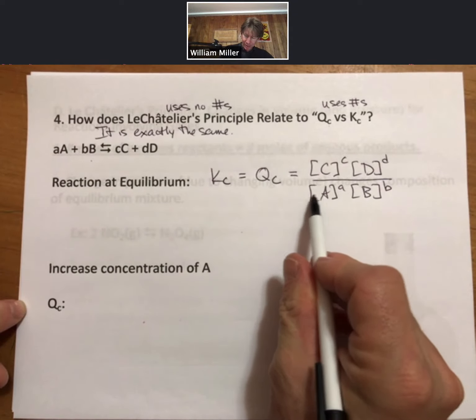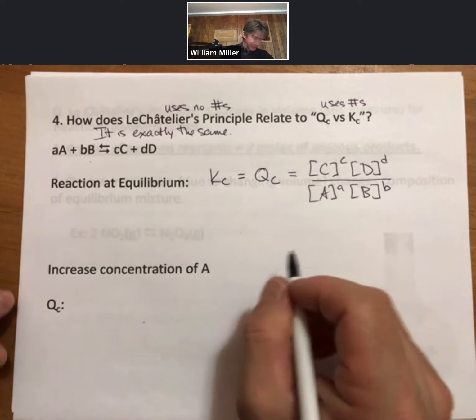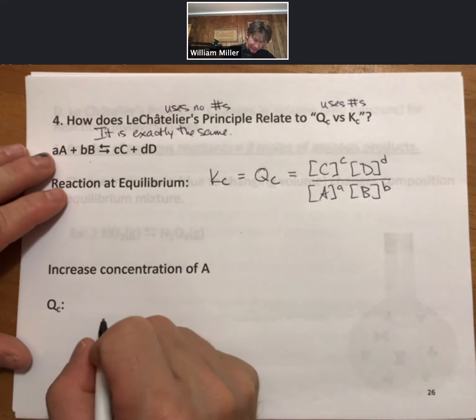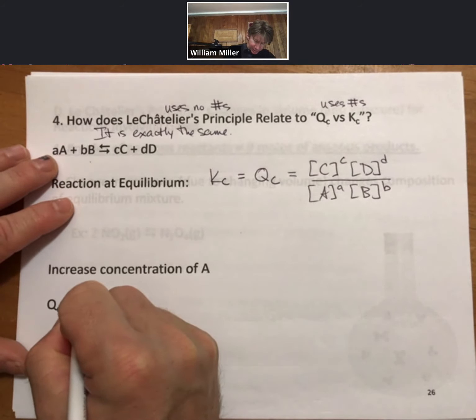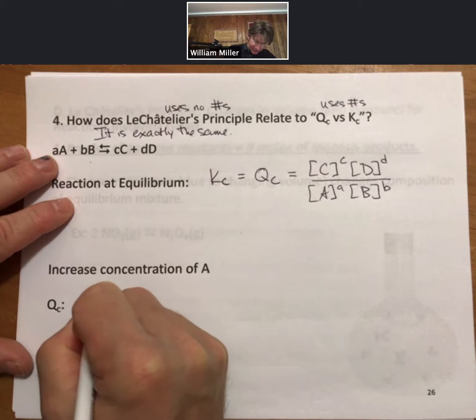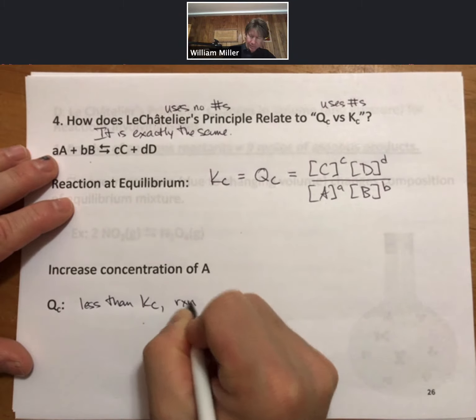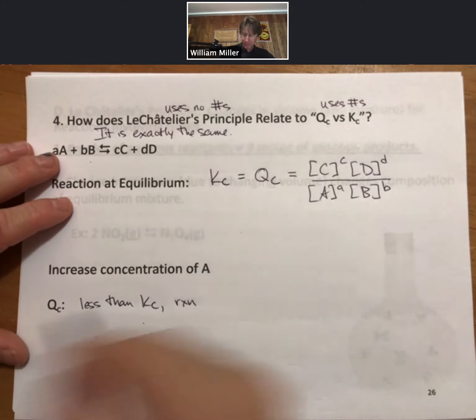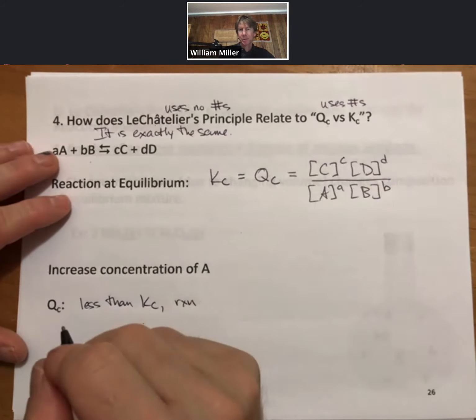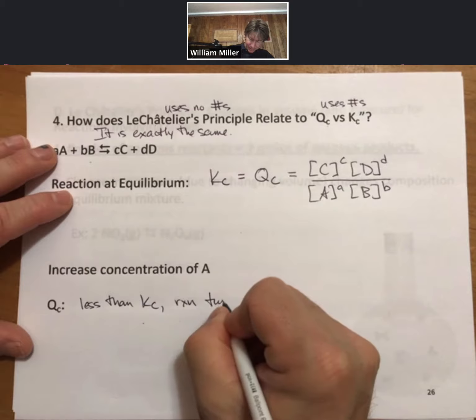We increase the concentration of A, so that's going to make Qc less than Kc. So the reaction turns reactants into products.